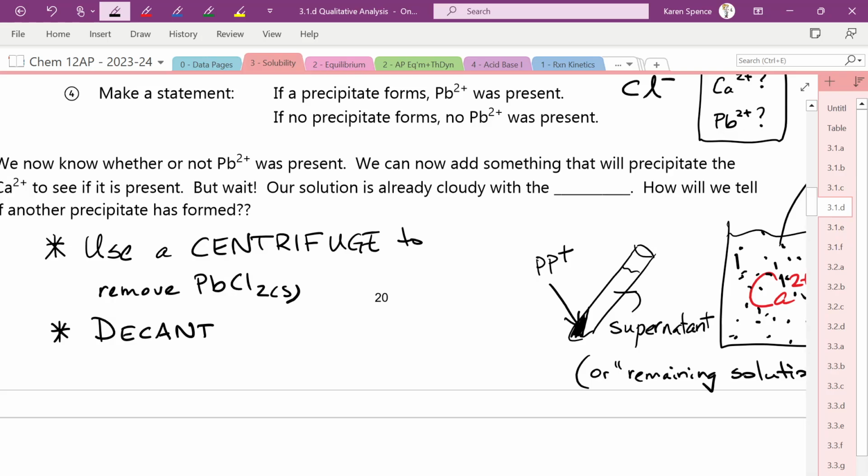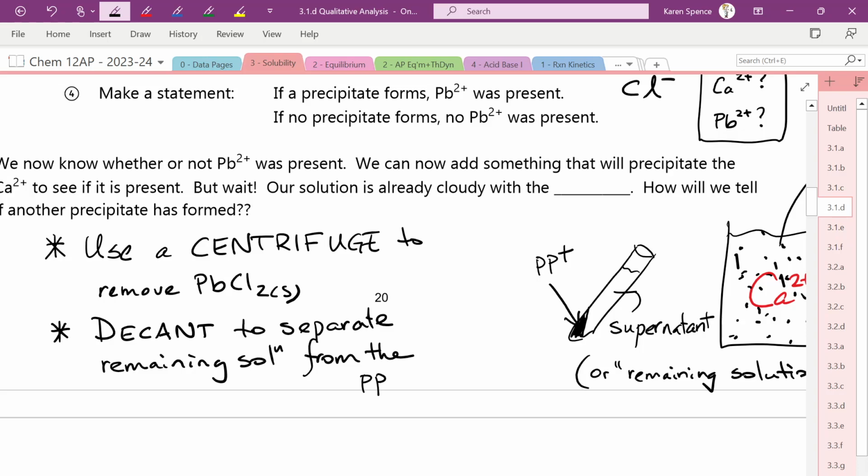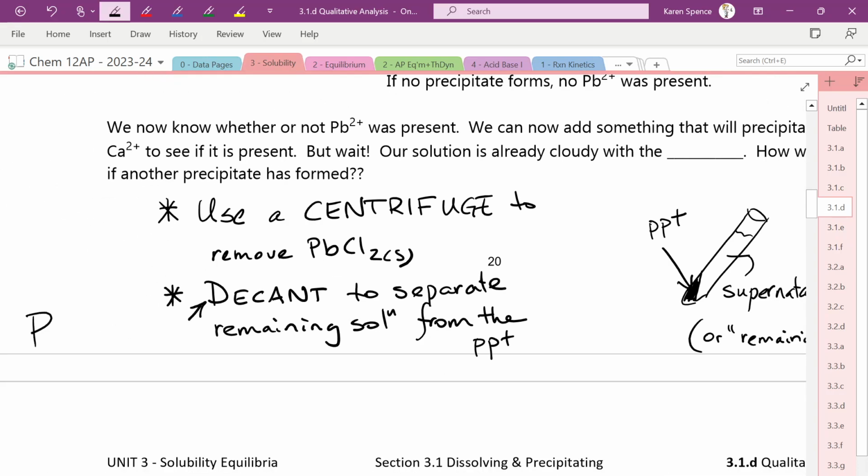So decant to separate the remaining solution from the precipitate. Decant just means pour off the liquid. And there we go.